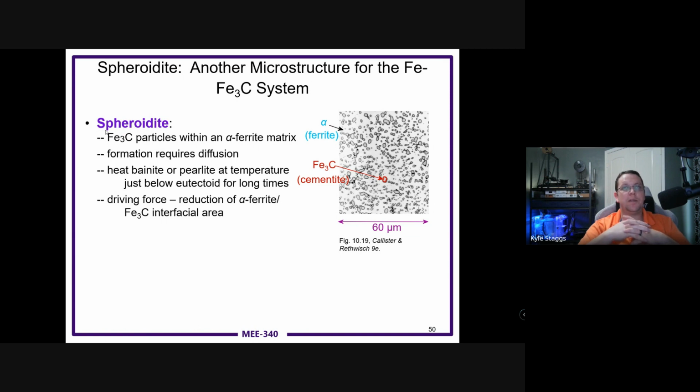We'll talk about that in 11. What that does is allow for much easier grain boundary movements across each other. So it's just easier to work with, but it's not a very hard material at that point. The spheroidite microstructure is important for processing of materials, especially because it facilitates working with them more easily.